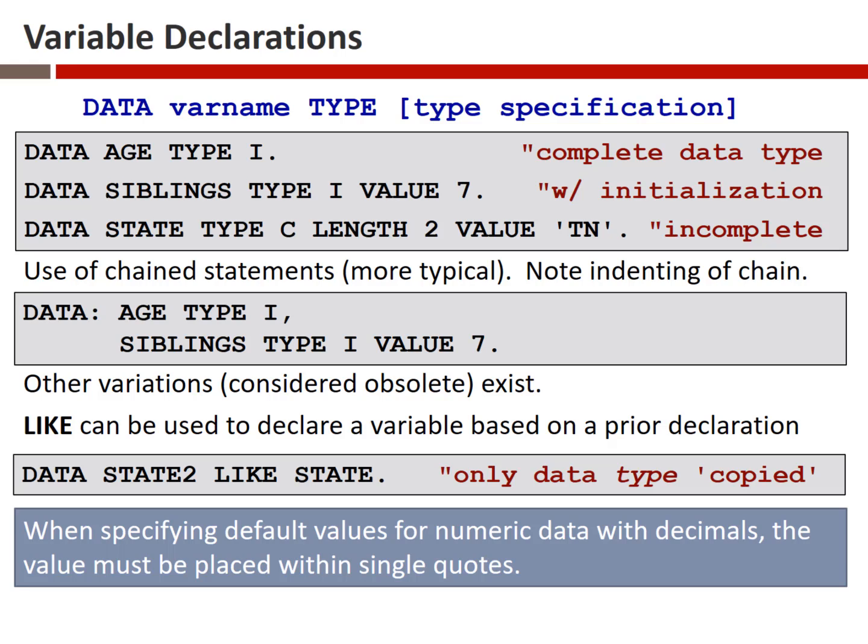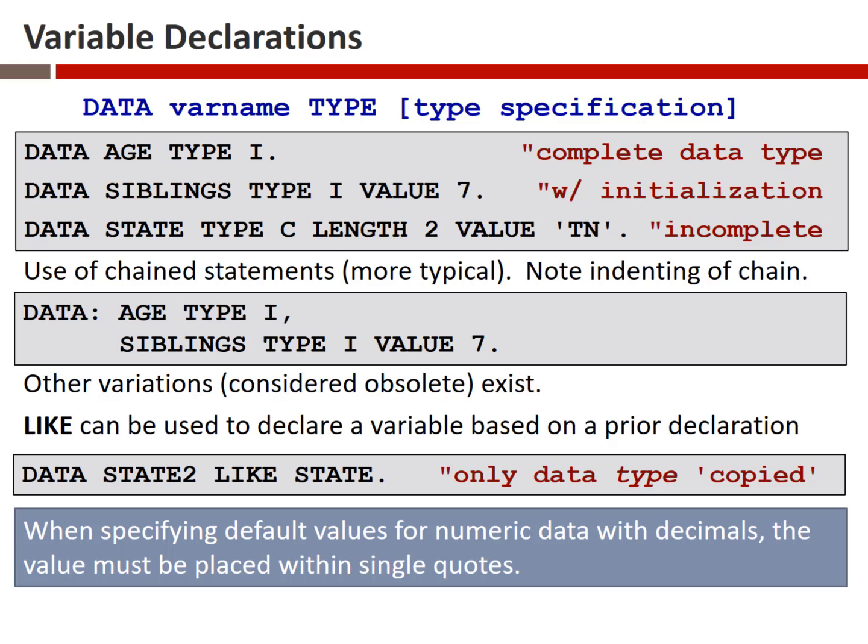And it just happens to be that the default length of something of type C is 1 character long. So in this situation right here, if I left off length 2, the system would not at all complain, and it would take that T and put it in state, and in the rest of my program, state would only be able to be 1 character long, which clearly is not what I intend.